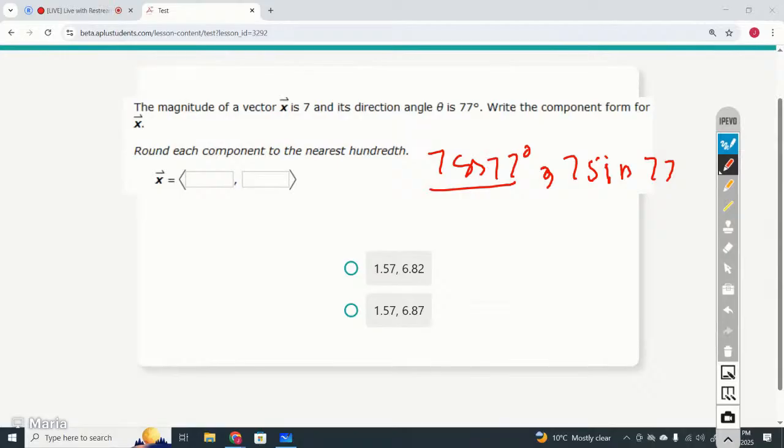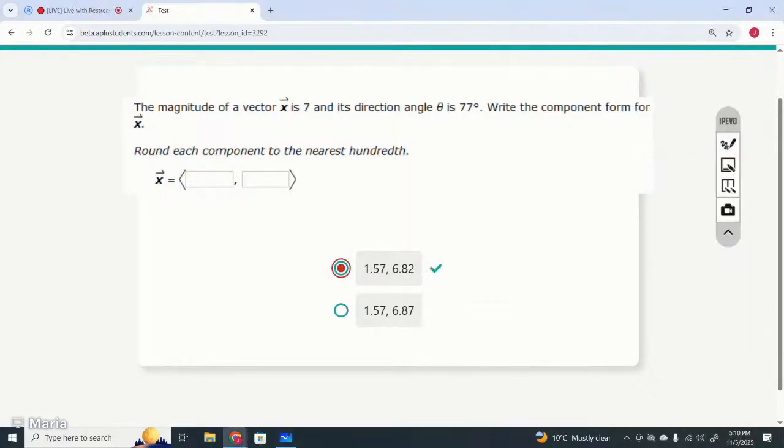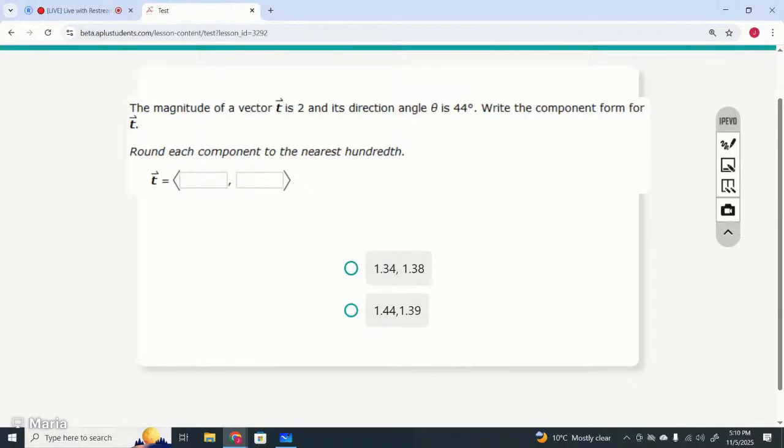So 0.2249 times 7 is 1.57, and sin 77 is 0.9743 times 7, that is 6.82. So which is the correct option? Option number 1 is the correct option. 1.57 and 6.82 is the correct option.